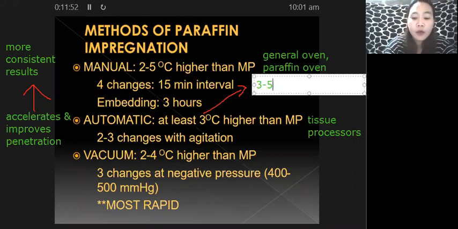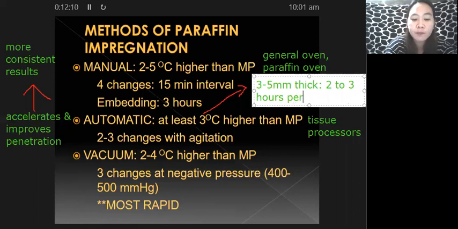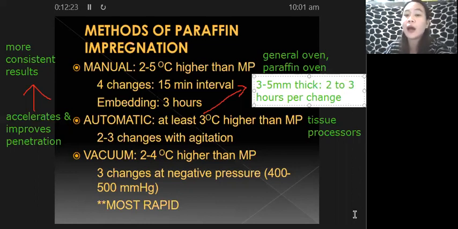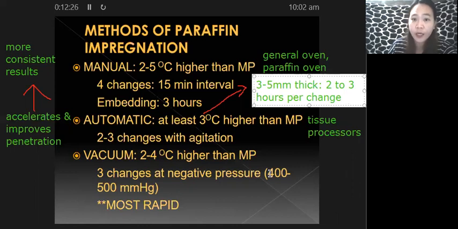If your sample is 3 to 5 millimeters thick, the duration for automatic processing is 2 to 3 hours per change. So I repeat, it would require 2 to 3 hours per change.